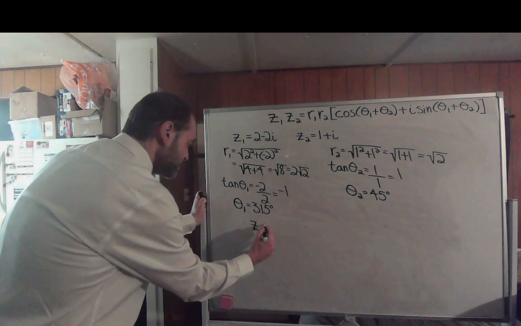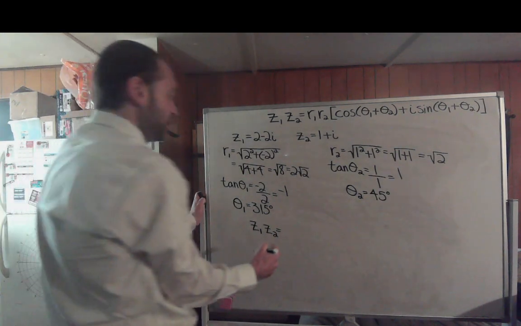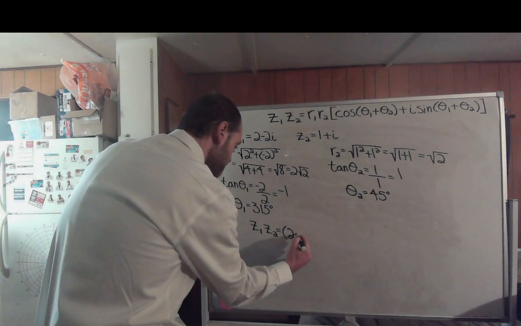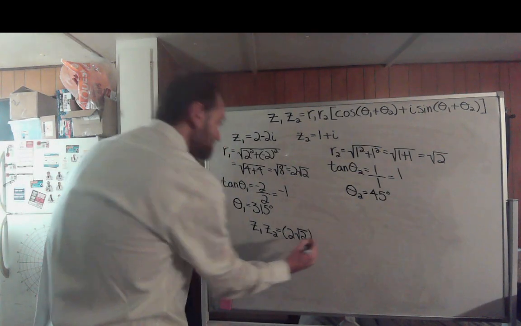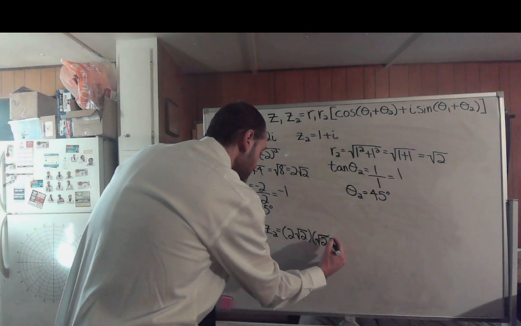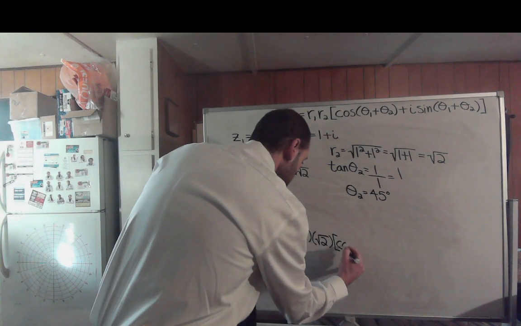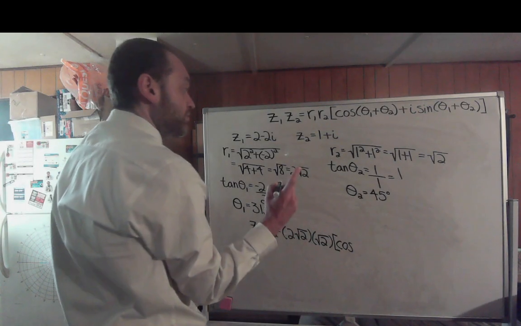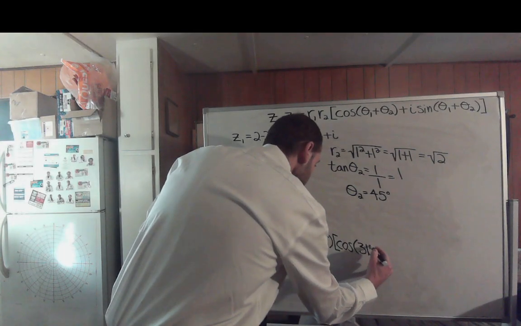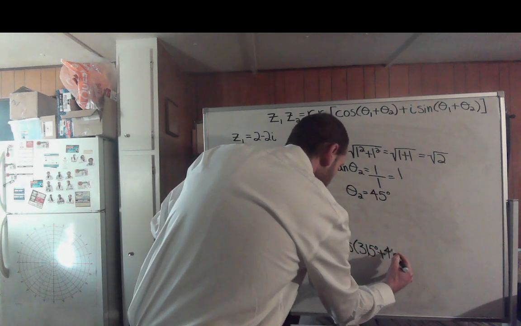So in this case, z sub 1 times z sub 2 is going to equal my r1 of 2 times the square root of 2, times my r2, which would be the square root of 2, times the cosine of theta sub 1, which is 315 degrees, plus theta sub 2, which is 45 degrees.